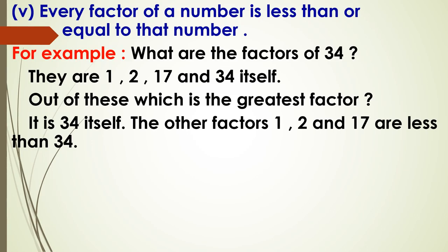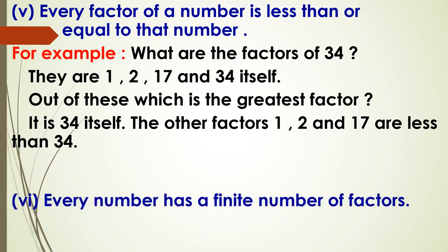So we can say that every factor of a number is either less than or equal to that number. 1, 2 and 17 are less than that number and 34 is equal to that number. There is no such factor which is greater than 34.